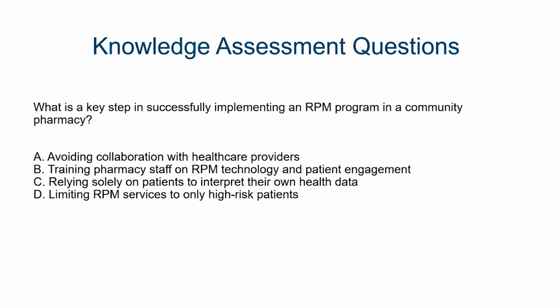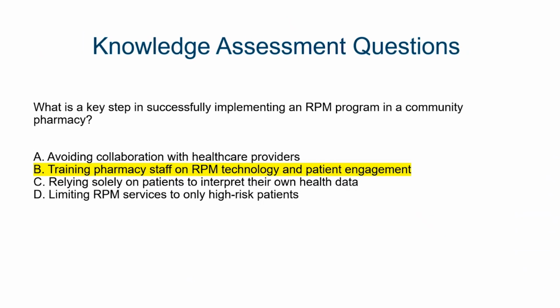Or is it D, limiting RPM services to only high-risk patients? Let's take a look at the answer. It's B, training pharmacy staff on RPM technology and patient engagement.